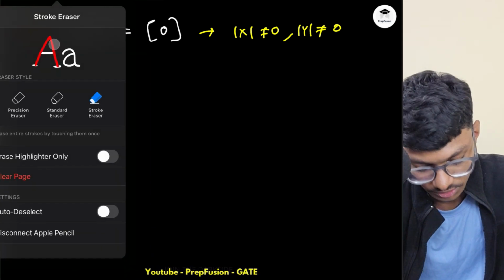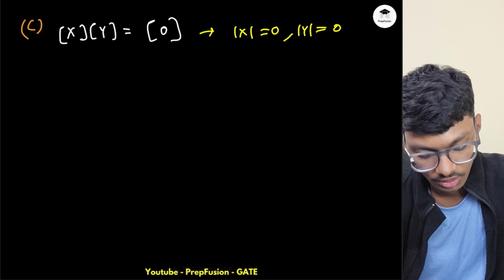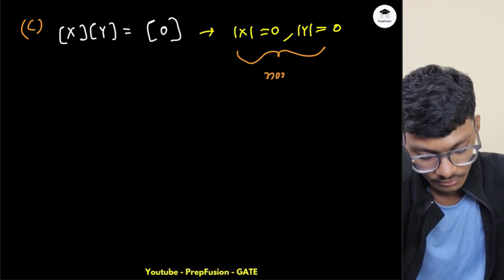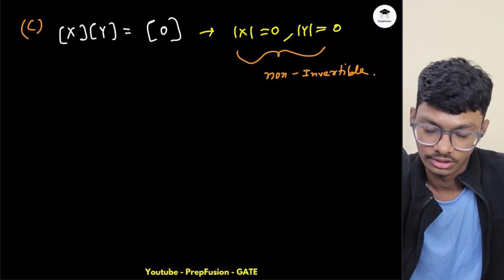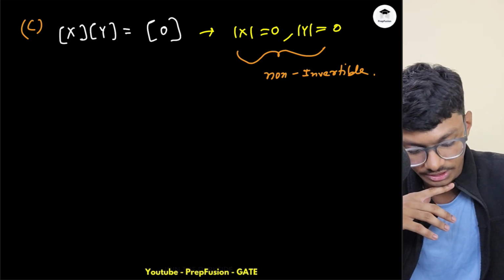Sorry, this is not equal to 0, this is equal to 0. So obviously if the determinant is equal to 0, that means these are non-invertible. So this is obviously the correct option. So C is correct over here.